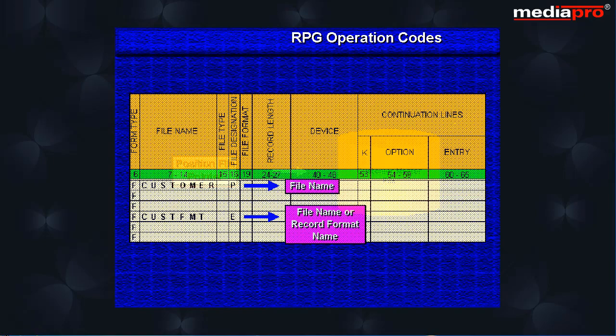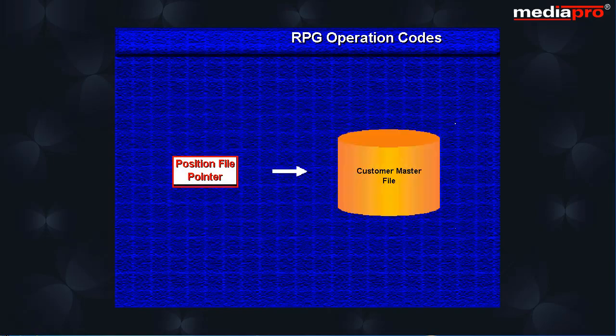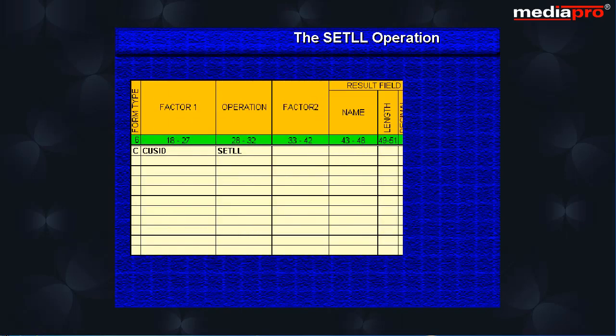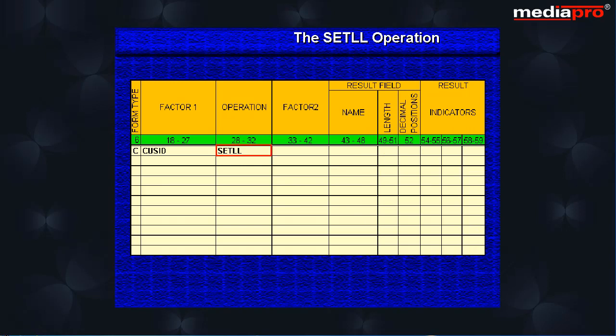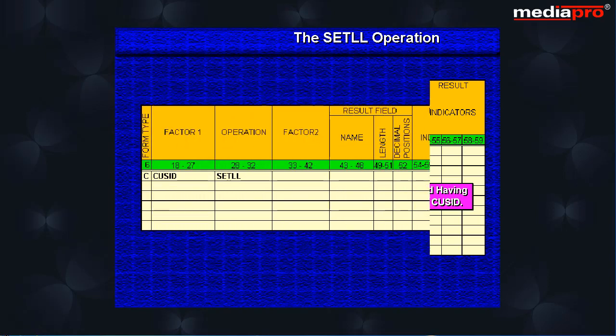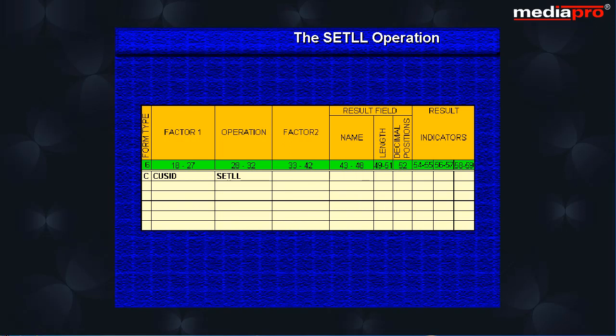Let us first see how to position the file pointer to the required record in the file. We have the set lower limit operation that positions the file cursor to the first record whose value is equal to or greater than the value specified in factor 1. In factor 2, we can specify a file name or a record format name.